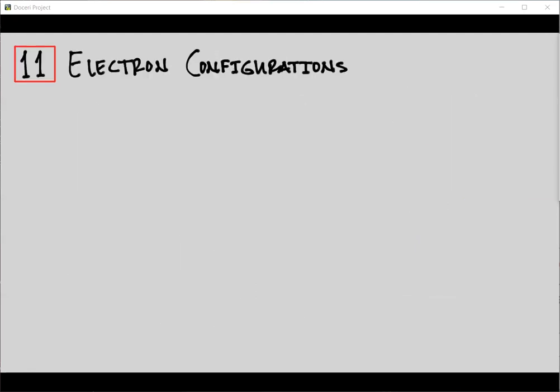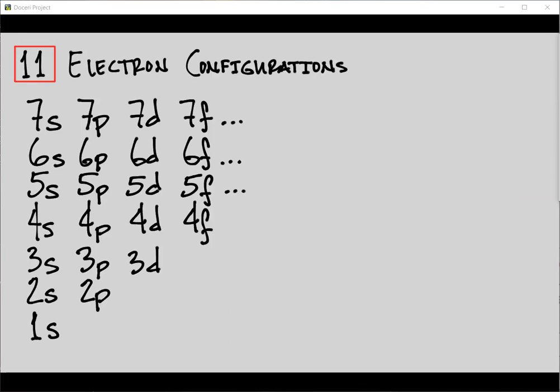All right, and the next topic here is going to be regarding electron configurations. So electron configurations basically show you where the electrons reside, which orbitals, which energy levels, and so on and so forth. So whenever you're writing out the electron configurations for any elements, this is your best friend right here, right? So this is the orbital diagram, or I'm sorry, a diagram that you can use to help you decide where the electrons go, right?